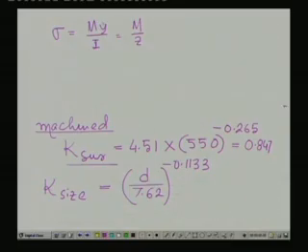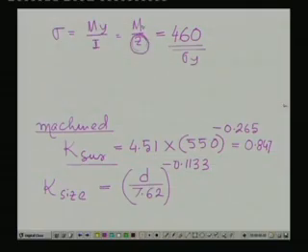The Z, if we can find it, the M we know. What should be the value of sigma? Let us take sigma to be 460, which is the yield point of the material. This is the sigma yield point of the material, from which we can find the value of Z.